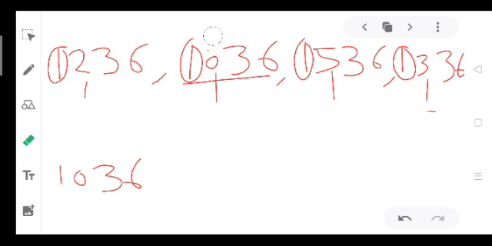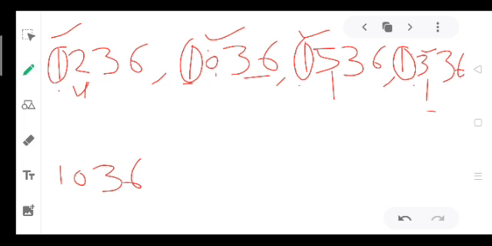So this number is done. We will leave it. Now comparison between these remaining numbers. Again we check. Thousands are the same, we can't compare. Check their hundreds digit.